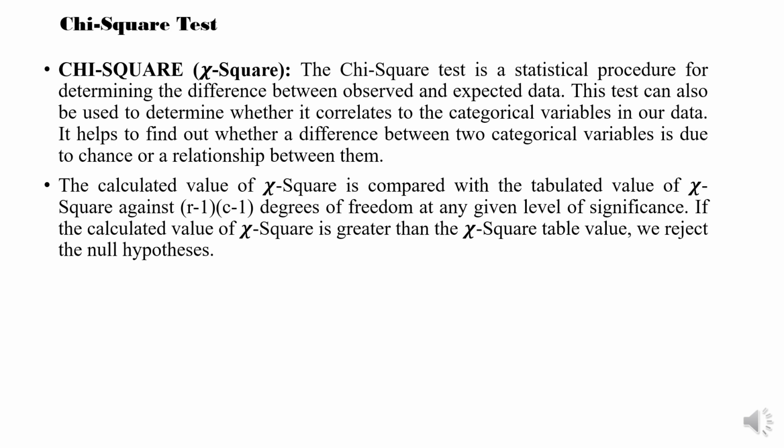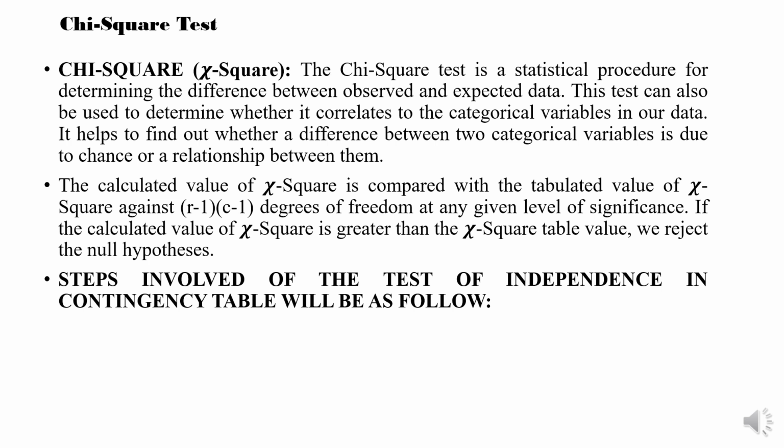So we can prove that there are r minus 1 independent rows. So we get the degree of freedom for r into c contingency table, r minus 1 into c minus 1, degrees of freedom at any given level of significance. If the calculated value of chi-square is greater than the chi-square table value, we reject the null hypothesis.